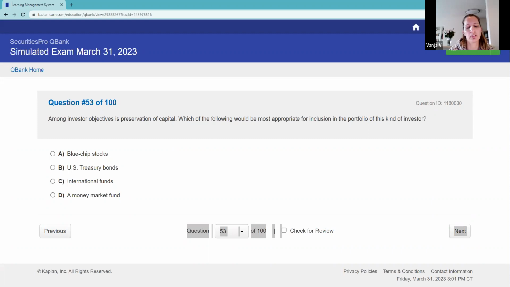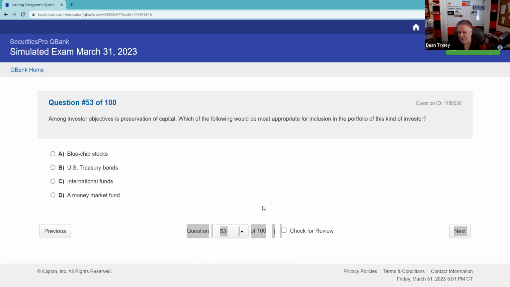Bonds is a growth. International funds are more like diversification. Money market is liquidity and accessibility. Let's do blue chip stocks. I would have missed this one too. I just happen to know it's not what they're looking for, but I'm prejudicial. And they're looking for a money market fund, right?